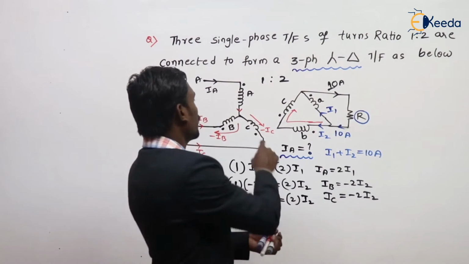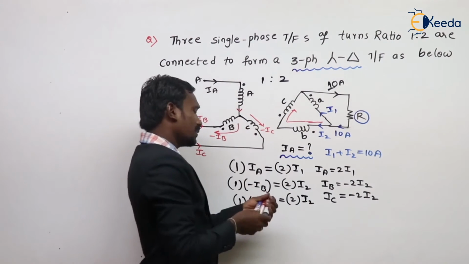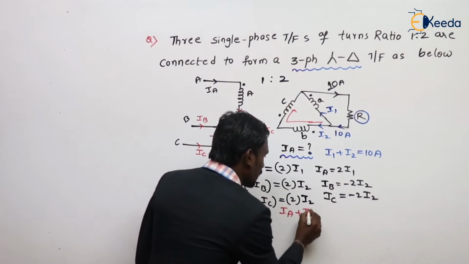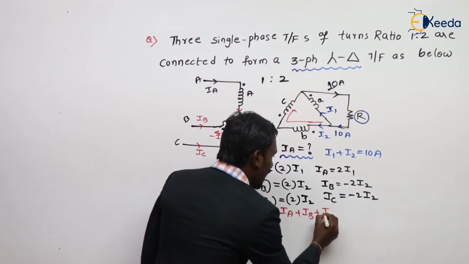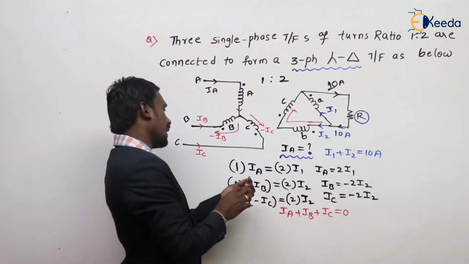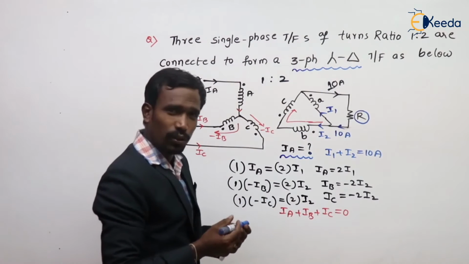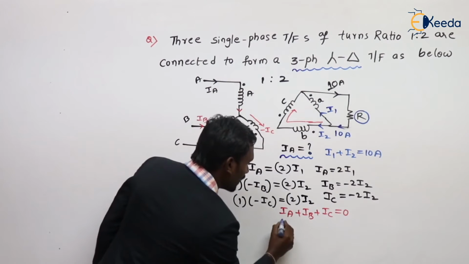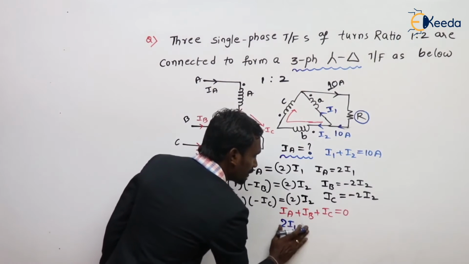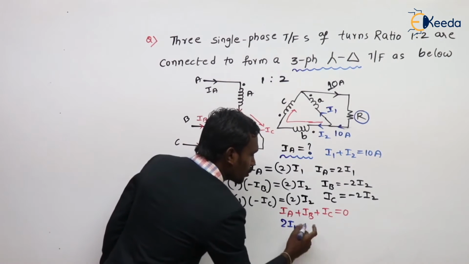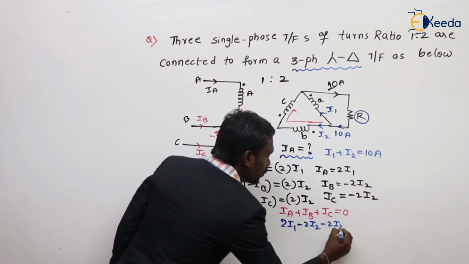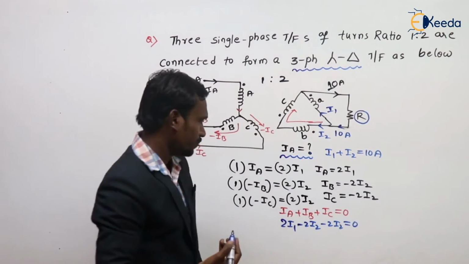But actually at this point, IA plus IB plus IC should be equal to 0. IA plus IB plus IC should be equal to 0. What is IA? IA is equal to 2I1, plus IB which is minus 2I2, plus IC which is minus 2I2, is equal to 0.